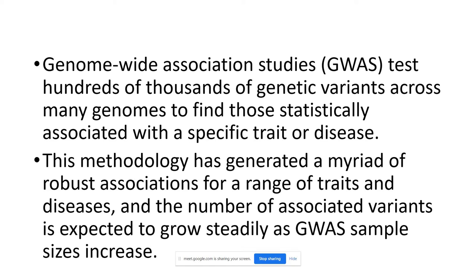As I have already told you, this is a method for pharmacogenomics also. This method has generated a myriad of robust associations for a range of traits. Range of traits means we are considering the different traits of the character. So it can be associated with the same character or different characters.